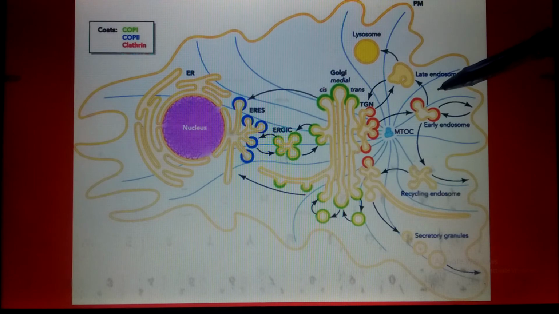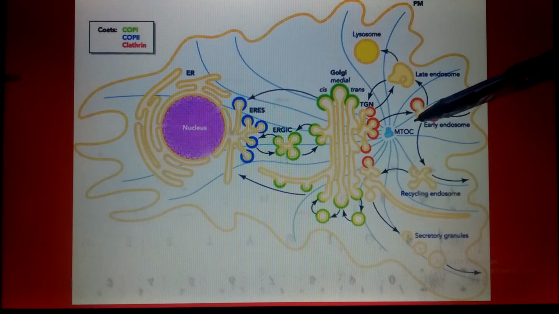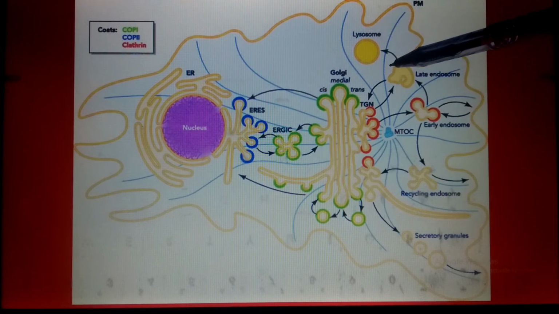So these are also coated vesicles, but here I am just showing you the COP1 and the COP2. The COP2 function is to target towards the Golgi apparatus, and COP1 back to the endoplasmic reticulum, as you can see here in the figure. Is it clear now? Okay.